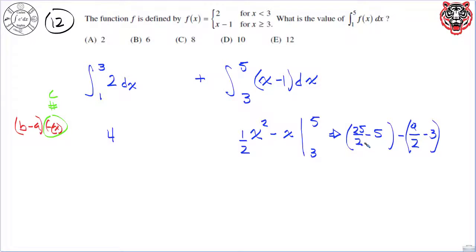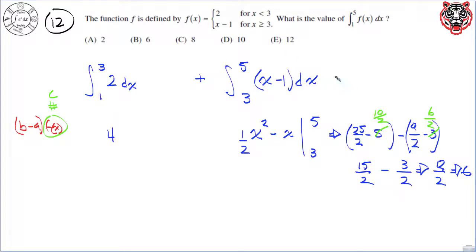And now to simplify this all down, so 25 over 2 minus 5, and I'm going to make this 10 over 2, and this thing is going to be 6 over 2. So 25 minus 10 is 15 over 2, and that's going to be subtracting 3 over 2, and that is going to become 12 over 2, which is 6.